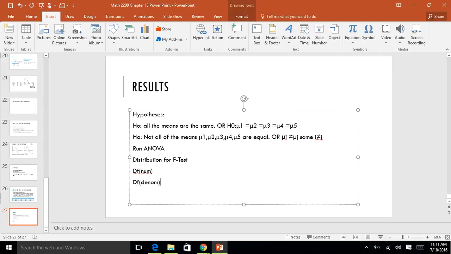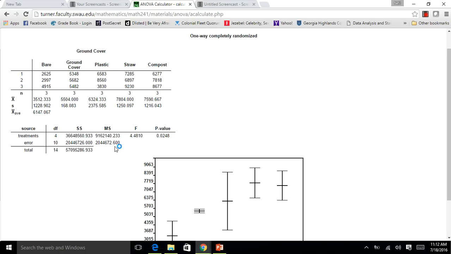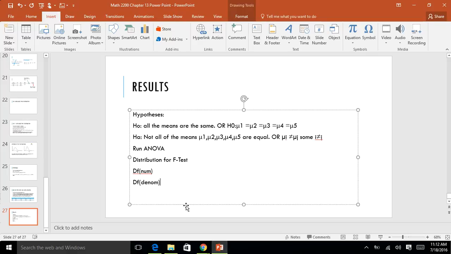It's really easy because the test already does it for you. If I go back to the website, this 4 is for my numerator and this 10 is for my denominator. So I'm going to put this as equals 4 and this equals 10. This makes my distribution for the F-test F where 4, 10. And those should be smaller, I'm just not going to worry about them today.